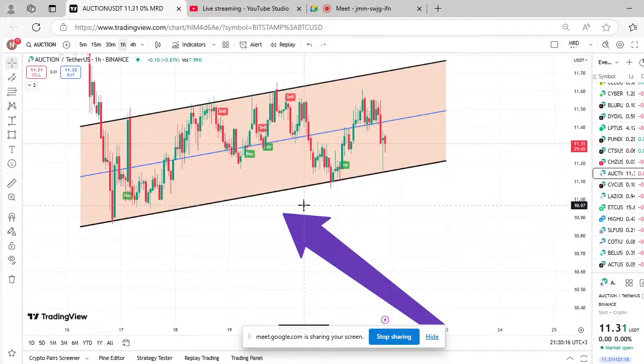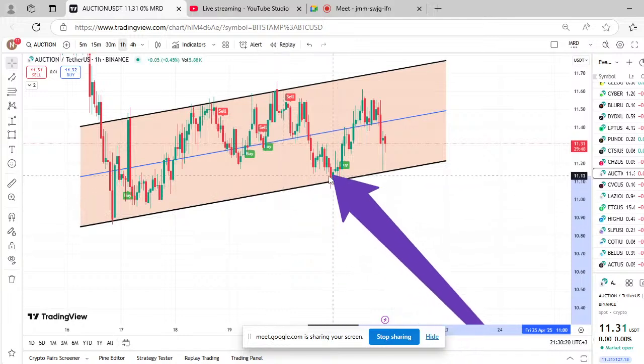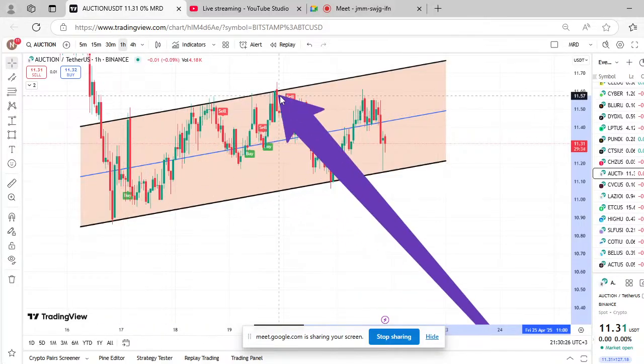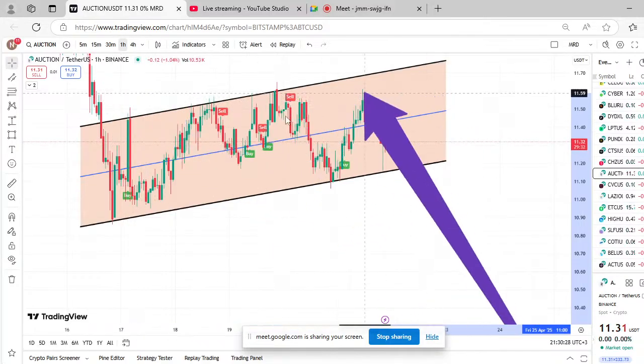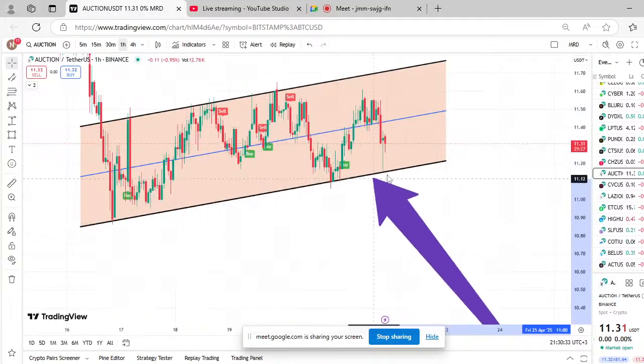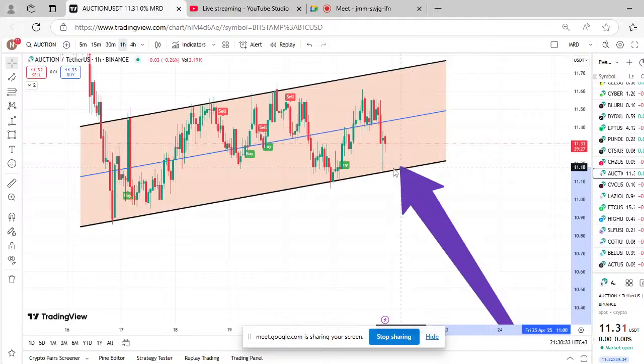You get the point? So, we are assuming now we had entered here at this point. Because automatically after seeing these tops, 1, 2, 3, you could draw the line, knowing that now we are waiting for this market to come back and touch the support.